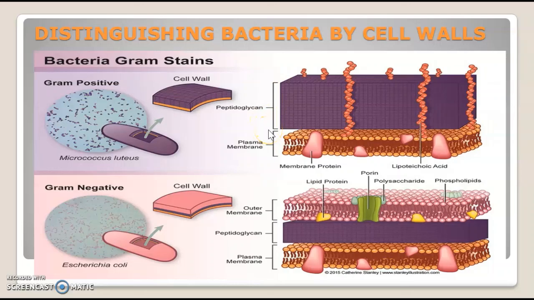The peptidoglycan will be stained purple when you perform the gram staining technique. Looking at the gram-negative bacterial cell wall, the outermost layer comprises a phospholipid bilayer. This phospholipid bilayer will be colored pink by safranin.